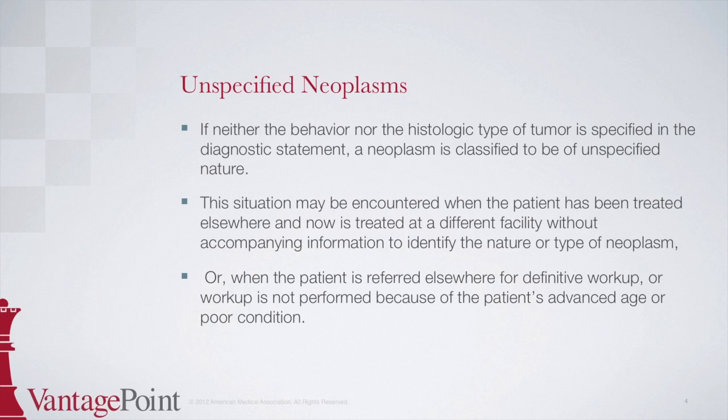This may happen when a new patient who was formerly treated at one facility comes to a new facility without any records, or if a workup isn't performed due to a patient's advanced age or poor condition. However, it should be uncommon to use the codes for neoplasms of unspecified behavior.